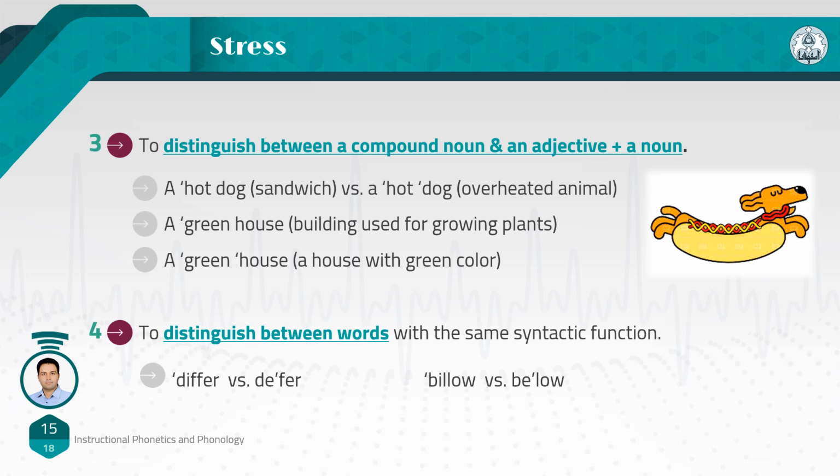In fact, here billow, the stress on the first part, is a moving cloth or mass of something such as a smoke or cloth, but below means something which is at the bottom or below something else. So this is again another function of a stress that can help to distinguish between words with the same part of speech. For example, both of them can be verbs, both of them can be nouns, and etc.